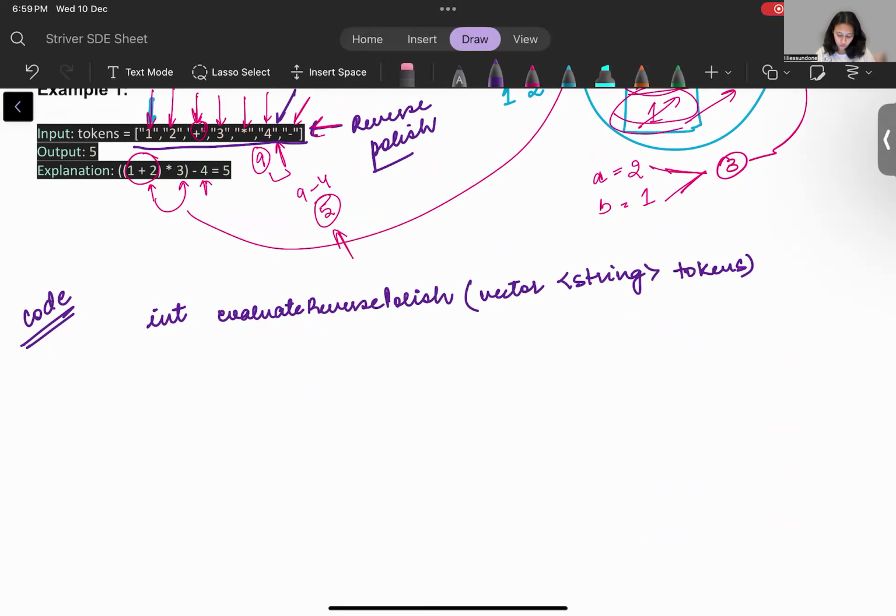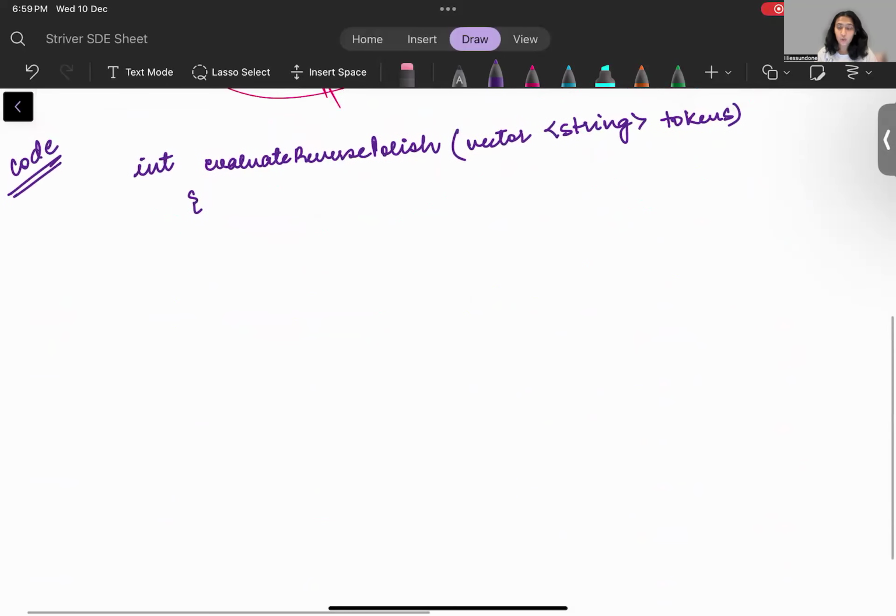Okay, what we have to do? Just let me get started. Now we have to create a stack. What do I mean by saying that I have to have a stack? We need to have an integer stack because all the operations that we've started before would be done on your integers. So this is your stack.